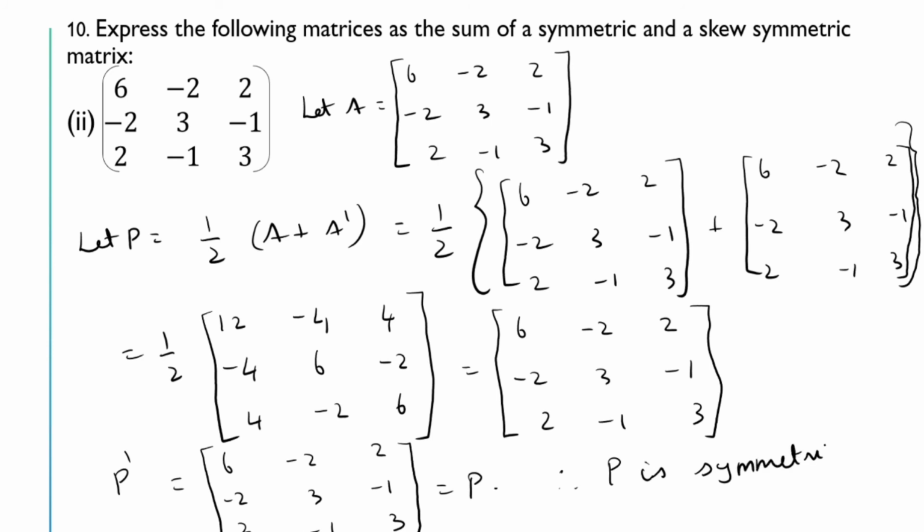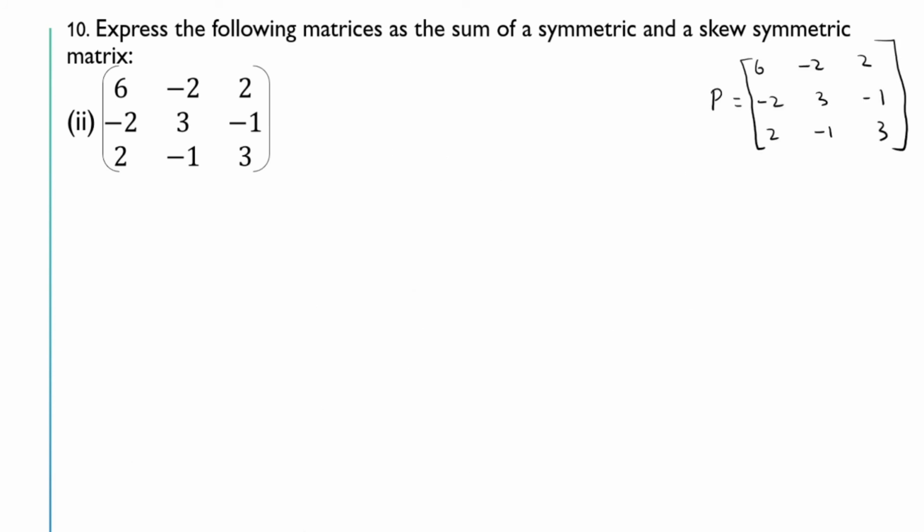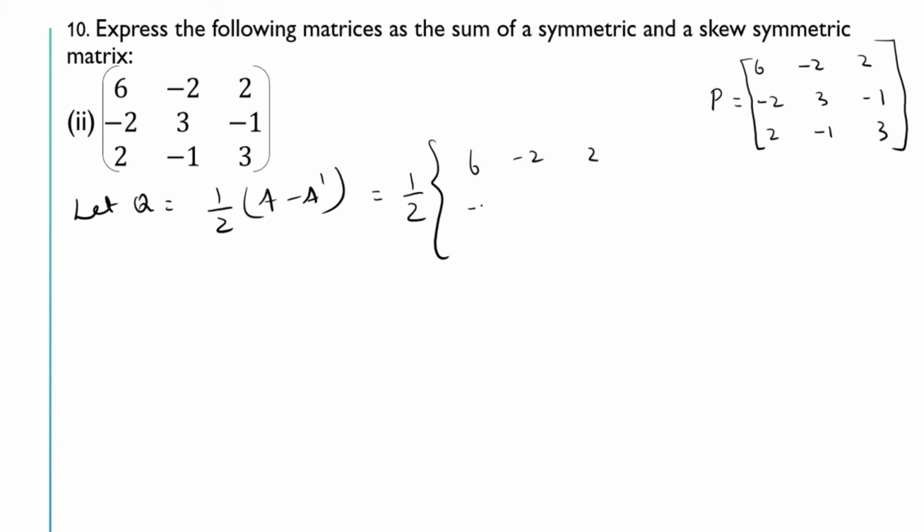Now we have to find Q, that is the skew symmetric matrix. Let Q be equal to half of A minus A transpose. So this is equal to half of A, which is 6 minus 2, 2, minus 2, 3, minus 1, 2, minus 1, 3, minus A transpose.